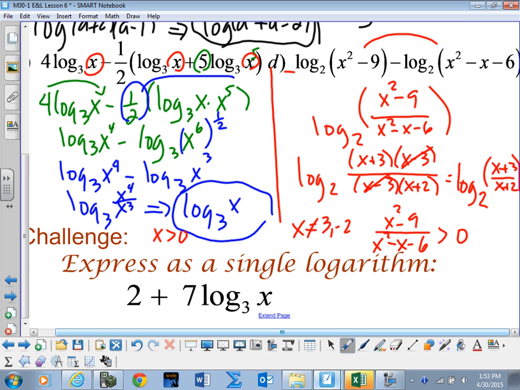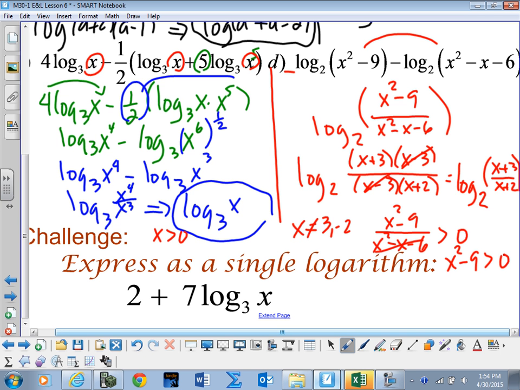This whole thing has to be greater than 0. So if we go to simplify this, what that means, if we multiply by the denominator just cancels because 0 times the denominator is still 0. So that leaves us with this. X squared minus 9 is greater than 0.